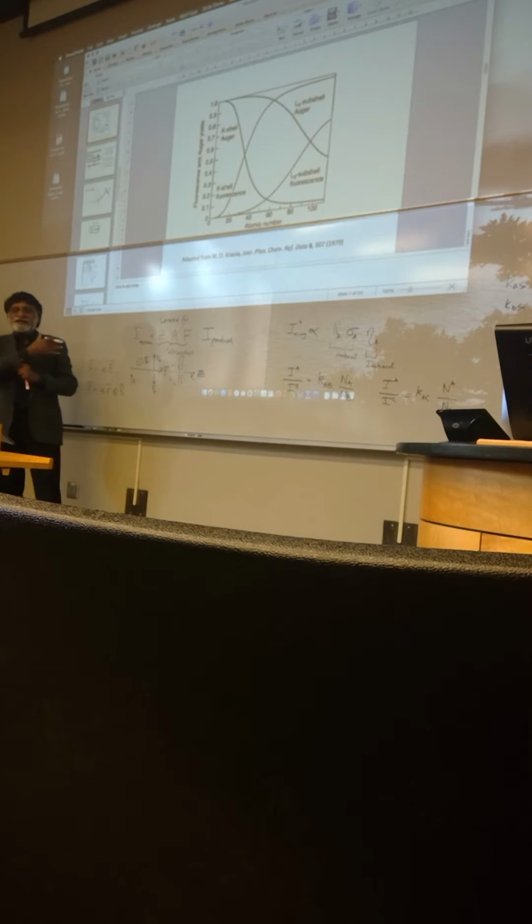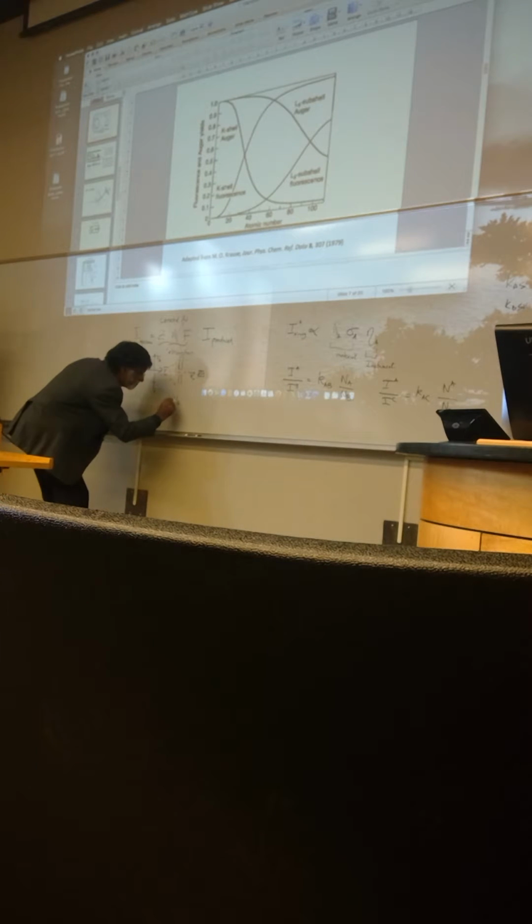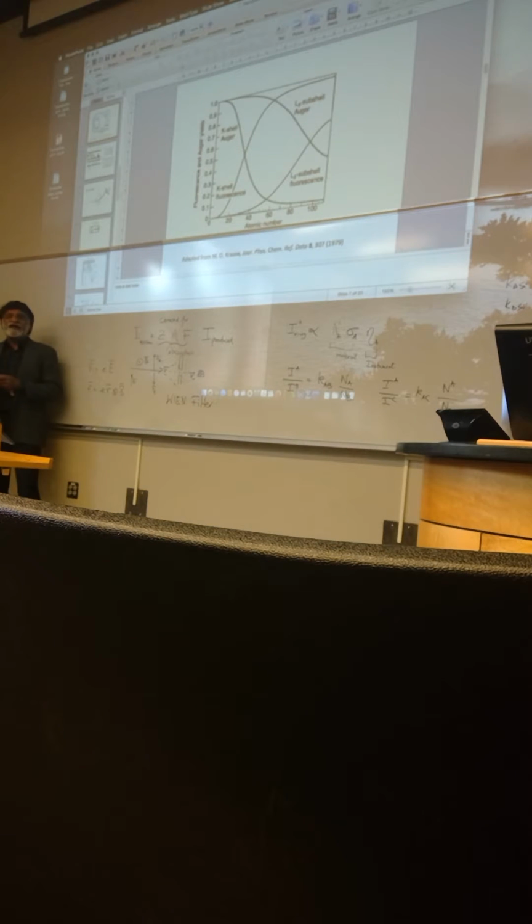Now, this simple design is something that is used all the time. This is called a Wien filter. That's the guy's name, he invented it. So that's it. This is the basic principle of the Wien filter.